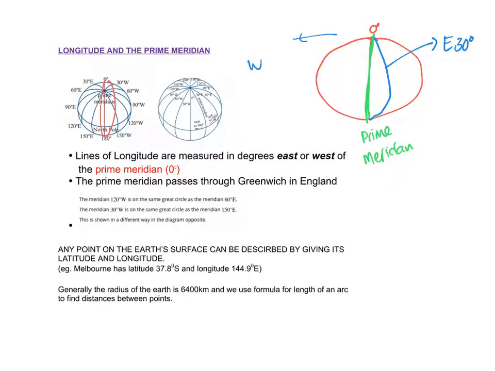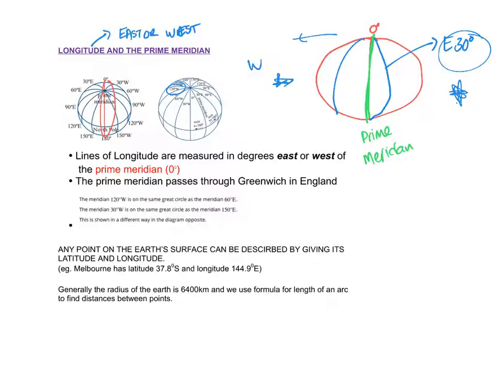So can you see longitudes are always an east or west measurement? They've got west here, see? This side's east, and this is west. Be careful.